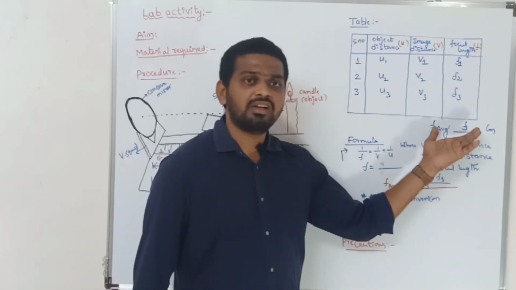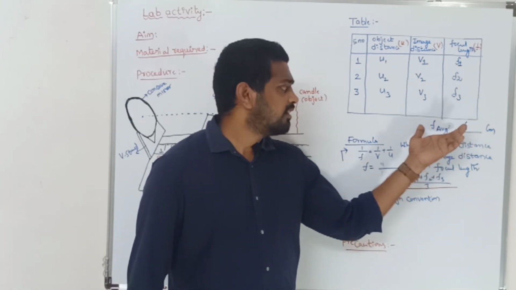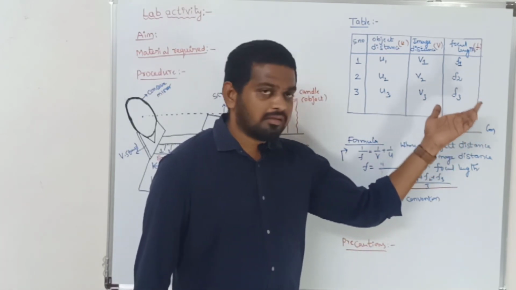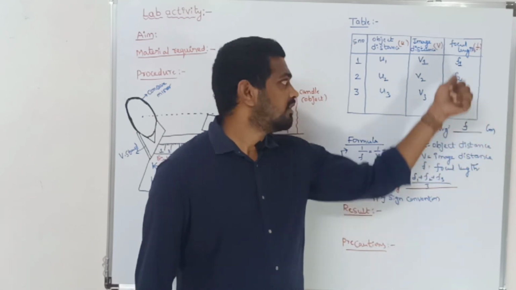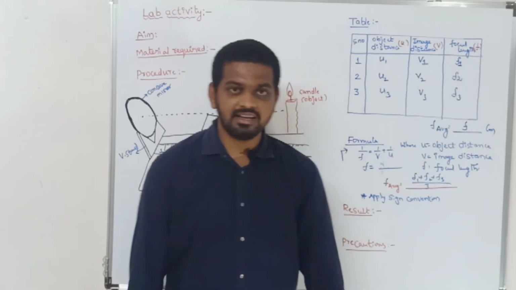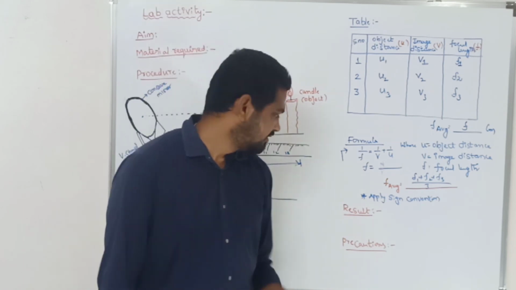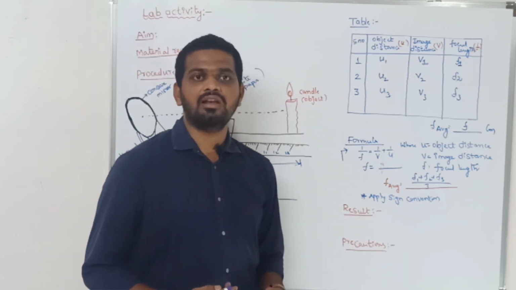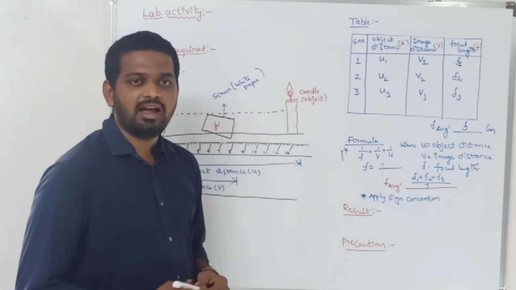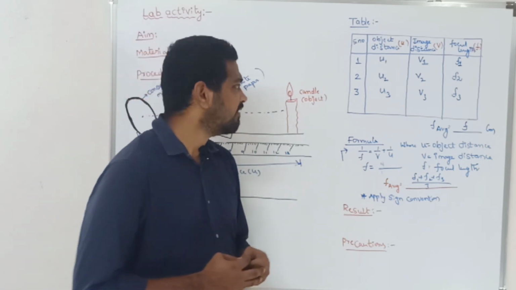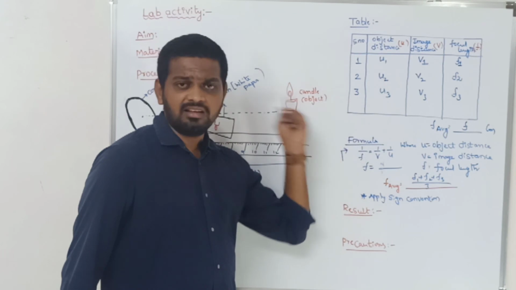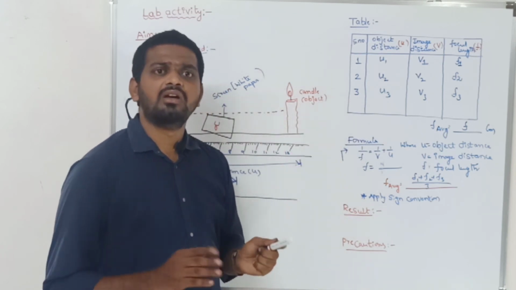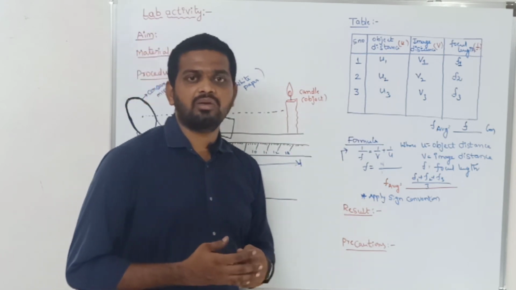At last we find the focal length of the concave mirror by taking the average of all the focal lengths. Clear, children? Don't forget to apply the sign conventions. Now the result: we found the focal length of the given mirror as some centimeters. Here I didn't take a number, so you need to write that you found the focal length of the given concave mirror.